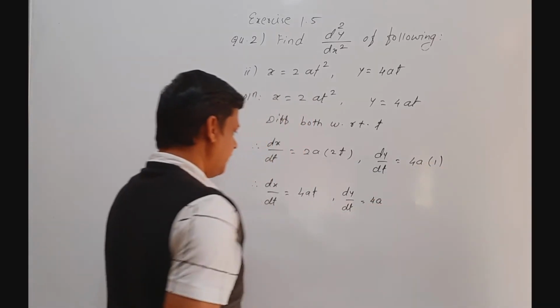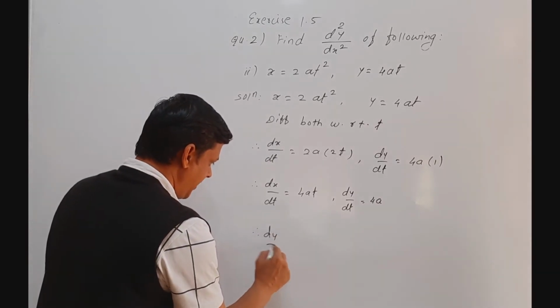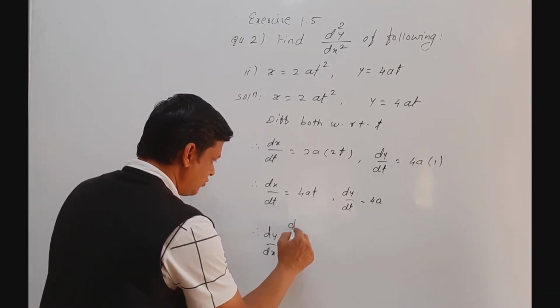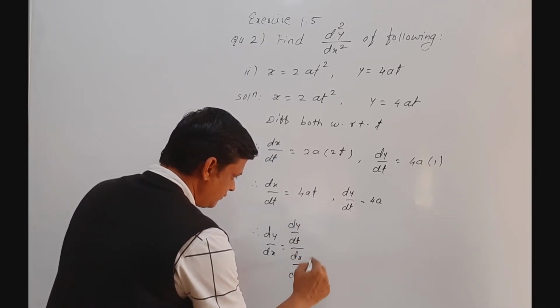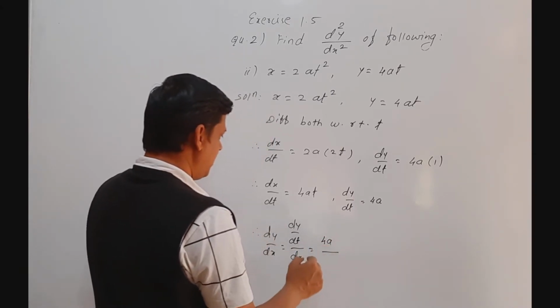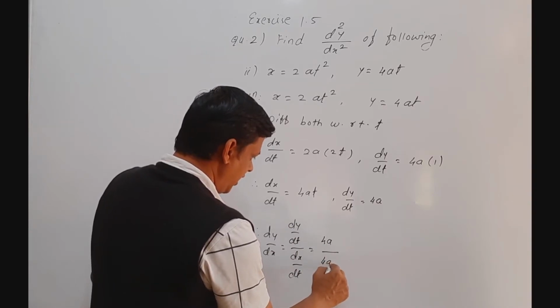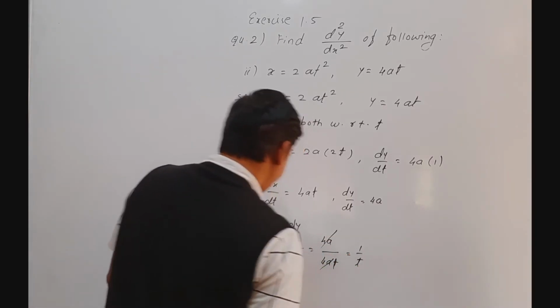So we write 4a. Now we require dy by dx first. So write dy by dx is equals to dy by dt upon dx by dt. Now dy by dt is 4a, dx by dt is 4at. So this 4a gets cancelled, we get 1 by t.